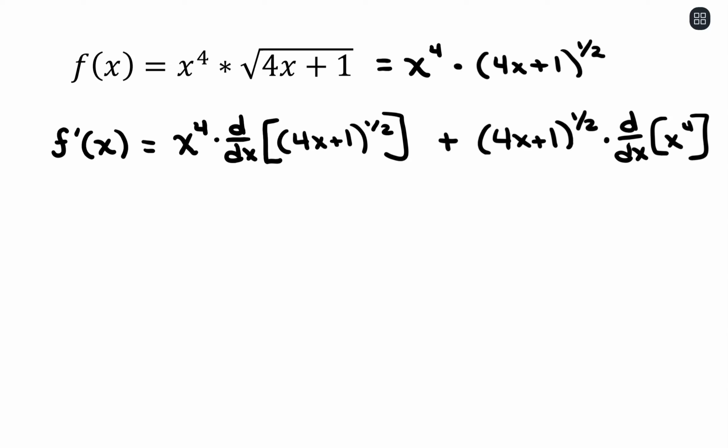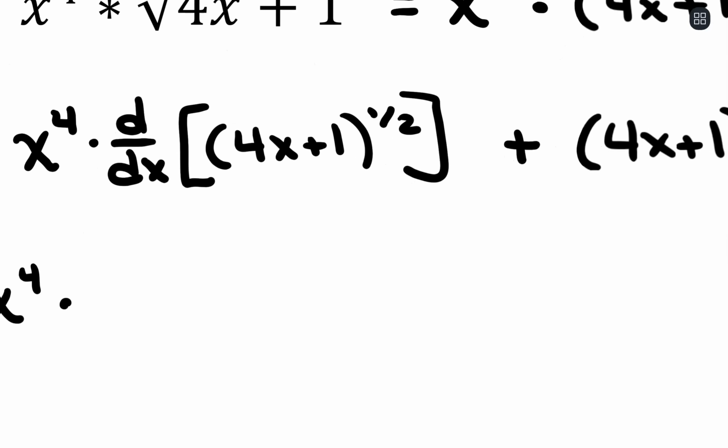Okay, so let's simplify this down. We have x to the fourth times this derivative of 4x plus 1 to the 1/2 power, and this is going to use the chain rule. So at the outside of it, we are raising something to the 1/2 power. The inside of it, we're calculating 4x plus 1.